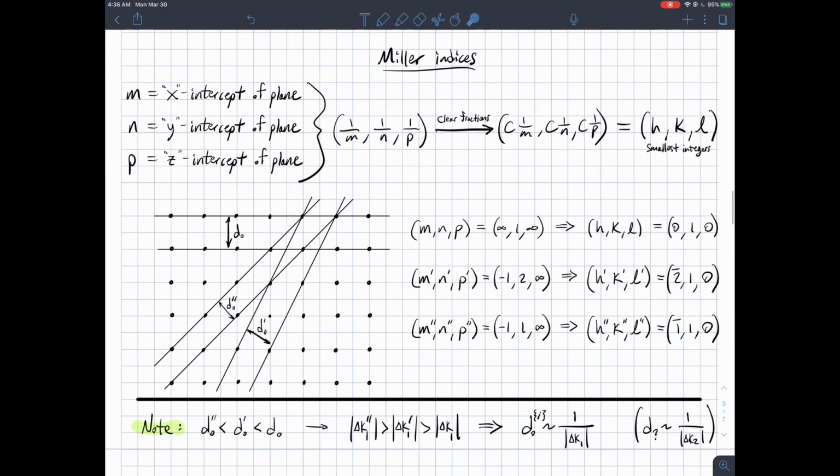So to find the Miller indices, we find the intercepts of the plane, whichever plane we're talking about. So let's do this one, for example. This prime plane. Let's talk about this plane here.